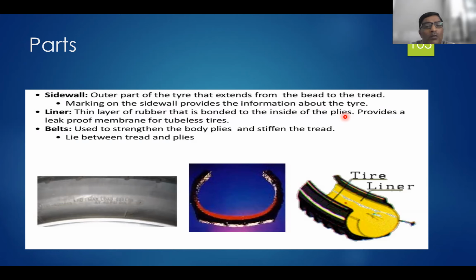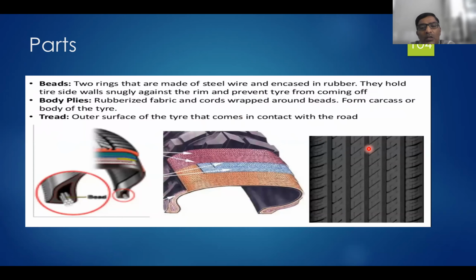To bond that, it is used. Then belts are used to strengthen the body plies and stiffen the tread. Whatever tread we are observing, this is the outer surface of the tire that comes into contact with the road.